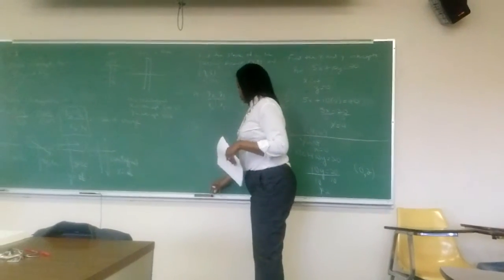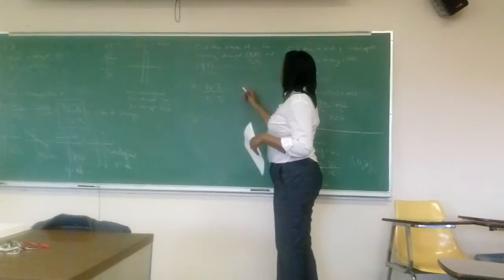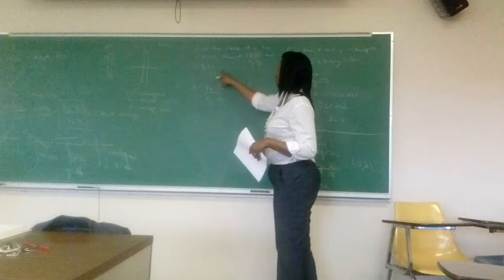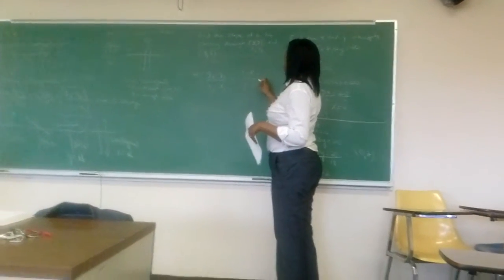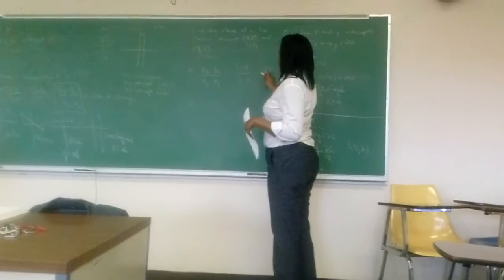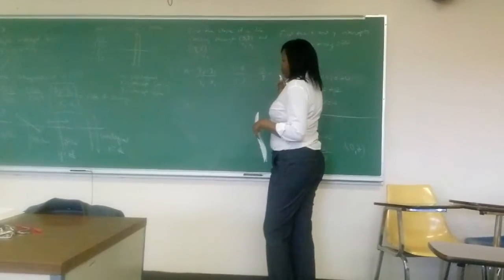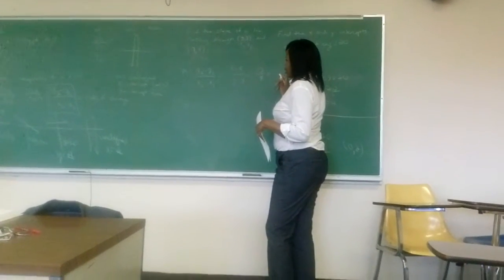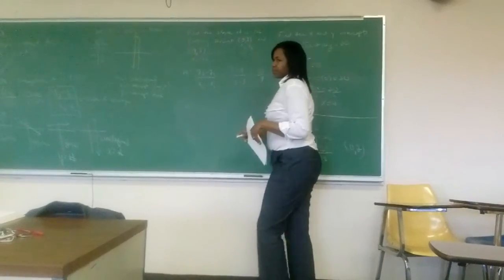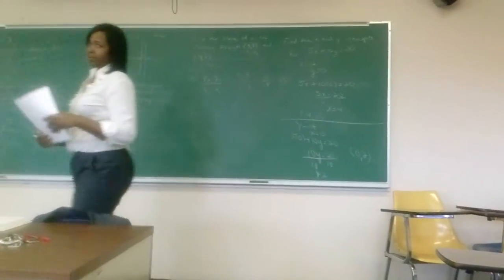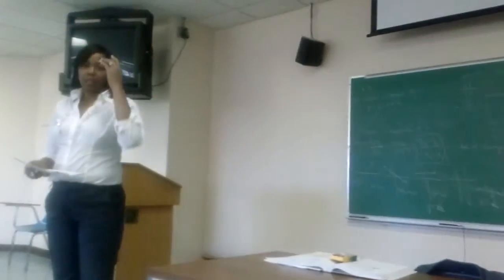So m is going to equal, and I'll write it here, 8 minus 8 over 7 minus 3. 8 minus 8 is who? 0. And 7 minus 3 is who? 4. And 0 over 4 is who? It's 0.